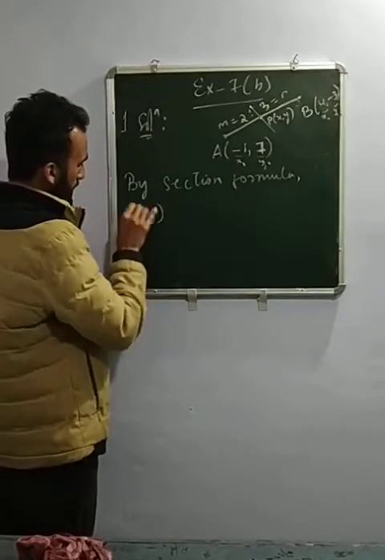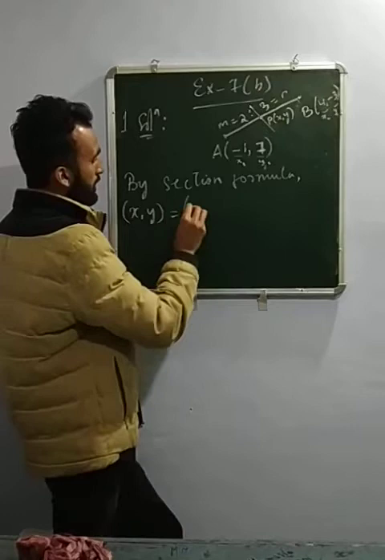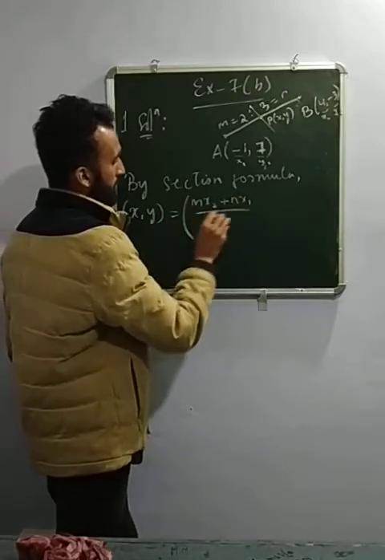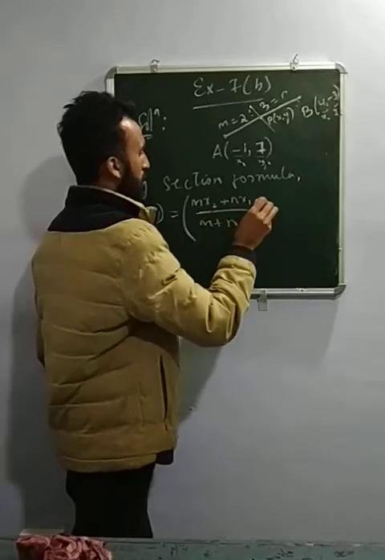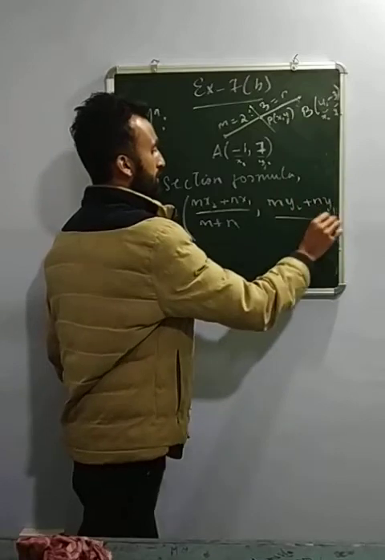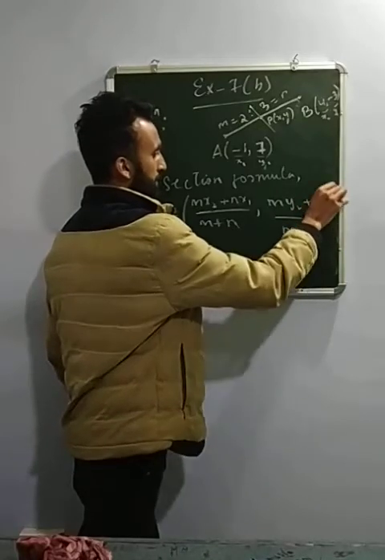x comma y is equal to, let me write down the formula first, mx2 plus nx1 divided by m plus n, comma, my2 plus ny1 divided by m plus n.